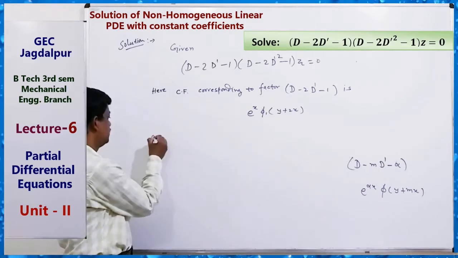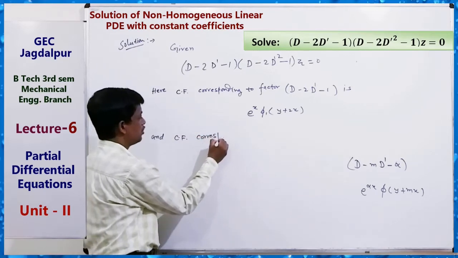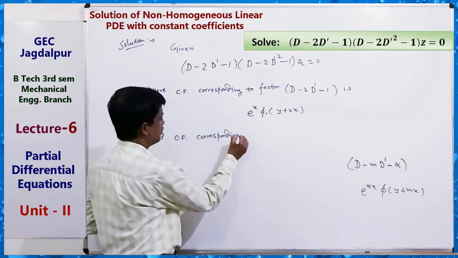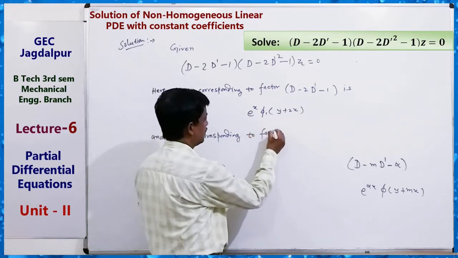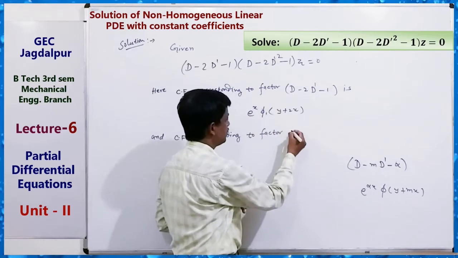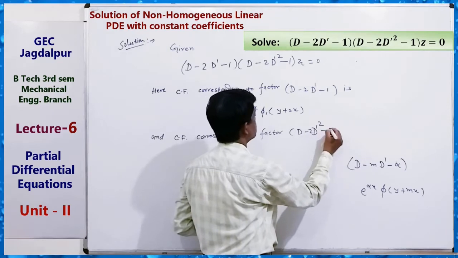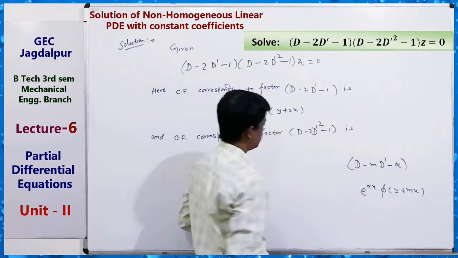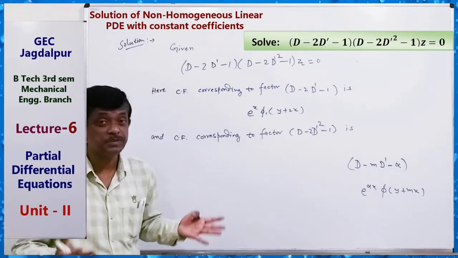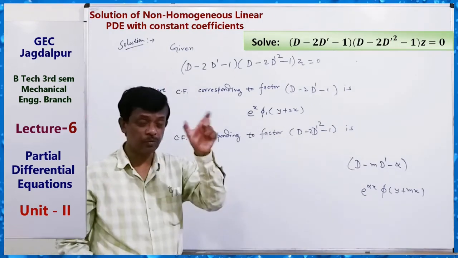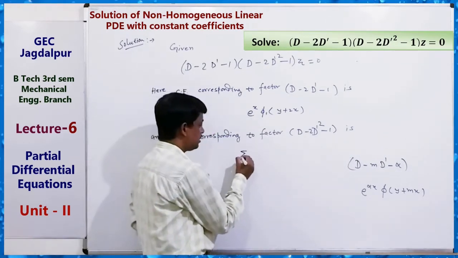And CF corresponding to the second factor, D minus 2D dash square minus 1, because this cannot be factorized as linear in D and D dash. Linear in D and D dash means what? Power 1. So it cannot be factorized.